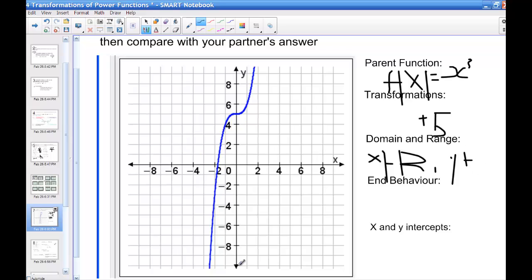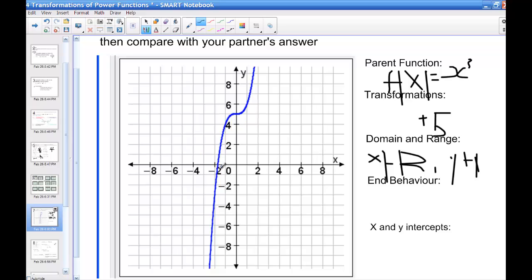And behavior. As x approaches negative infinity, y approaches negative infinity. As x approaches positive infinity, y approaches positive infinity. X and y intercepts. Y-intercept is at 5. X-intercept is at negative 1.8.